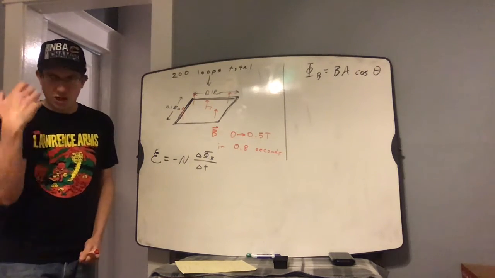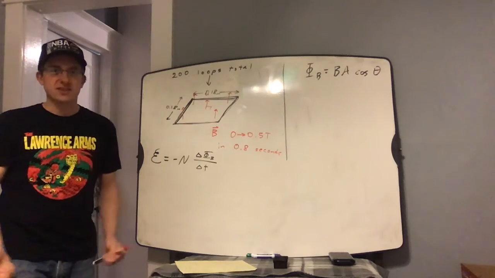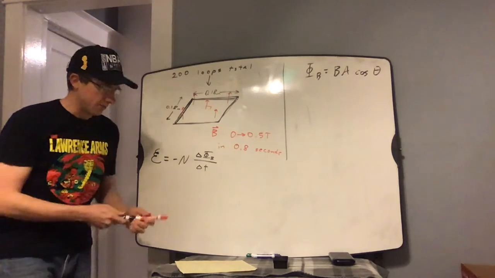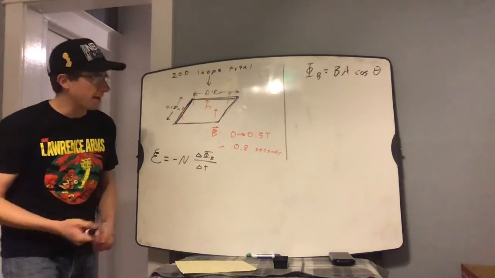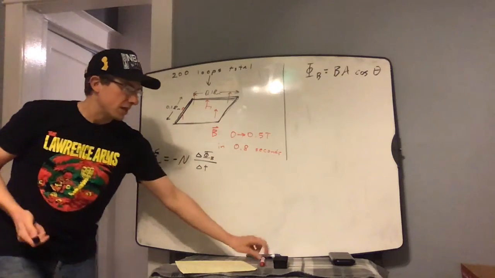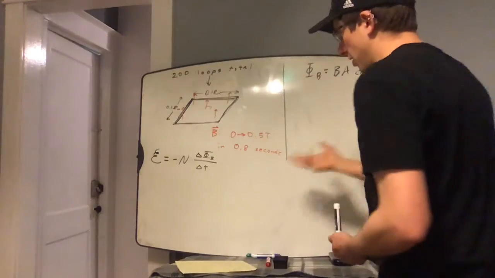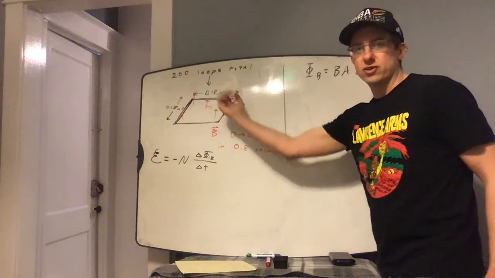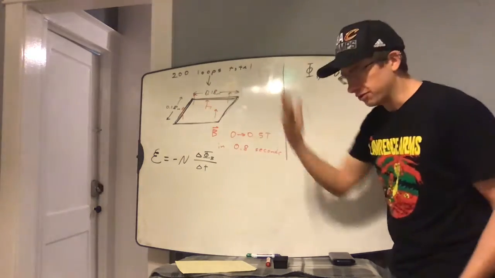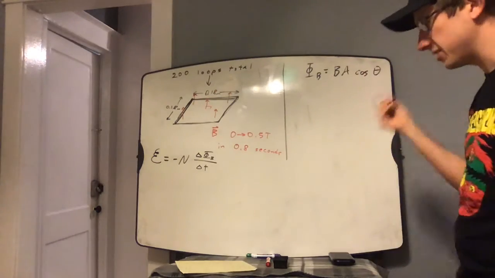Now, you could go back, refer to the PowerPoint slides and see what I mean by how we define the angle. So the surface of this plane comes out, the magnetic field comes out, they're both in the same direction, so I get cosine of 0.